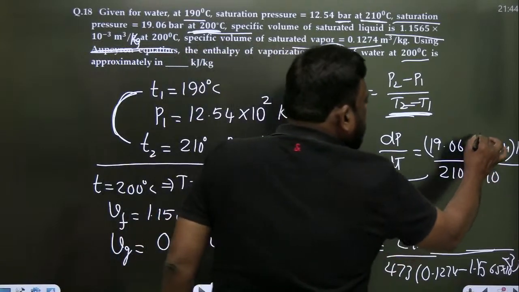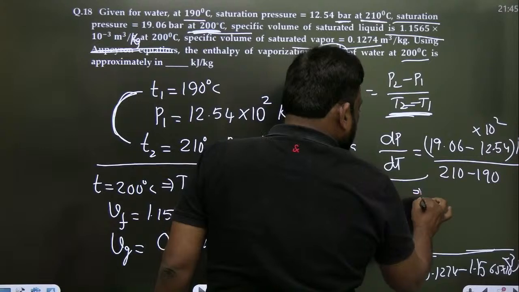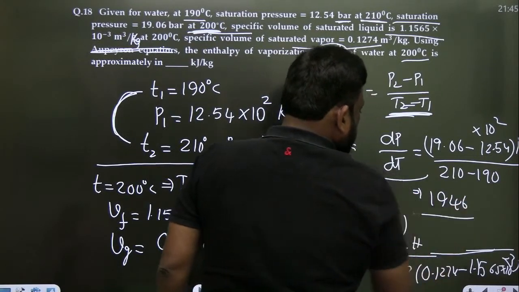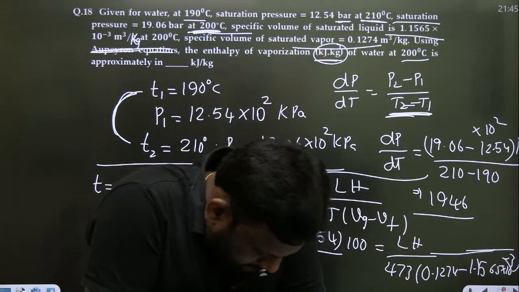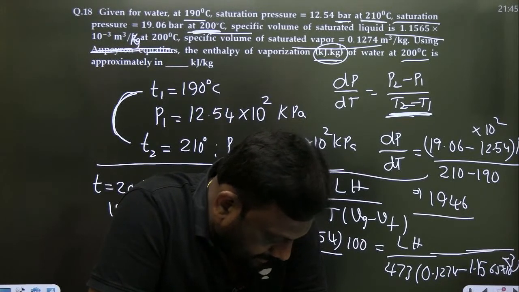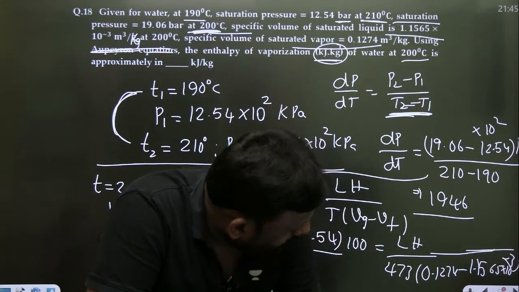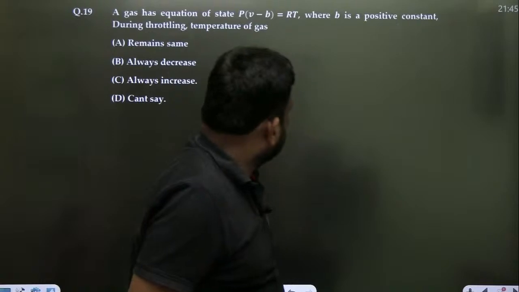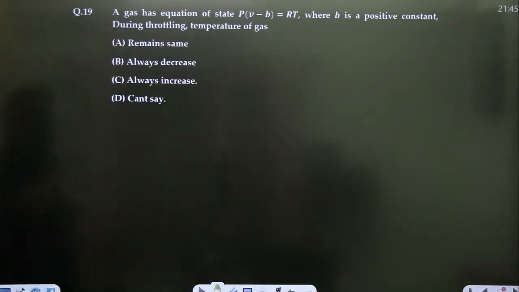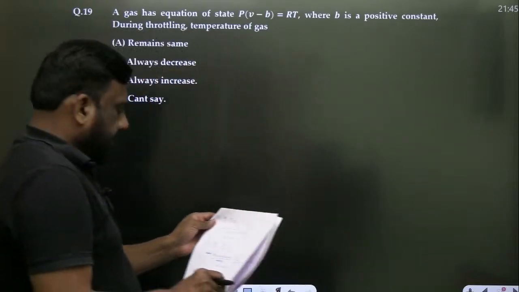You don't see the into 100 here. So 1946 is the right answer. 1946 is coming, sir. Correct. Go to the next question. This is a good question, sir. First question. Good. Read the question.